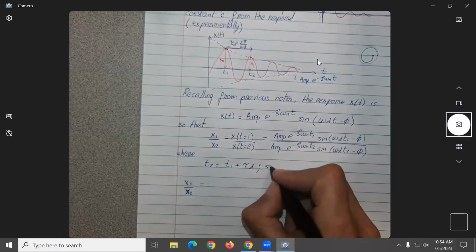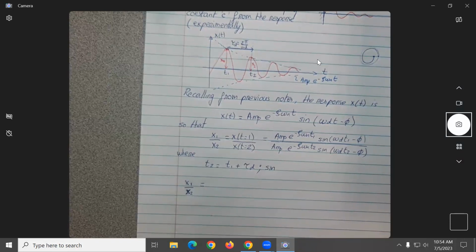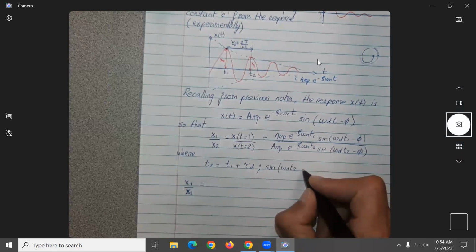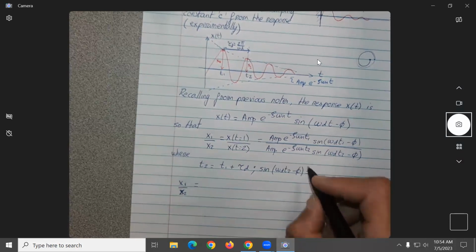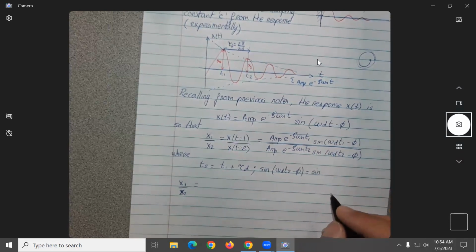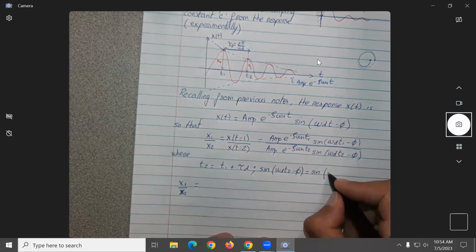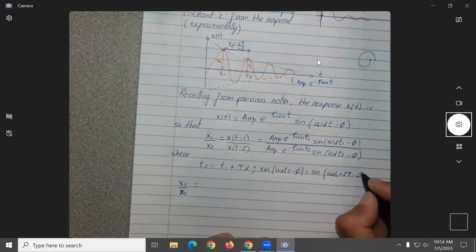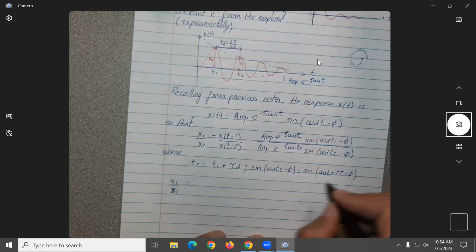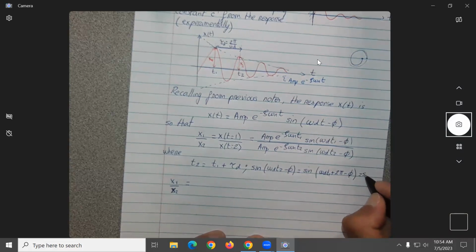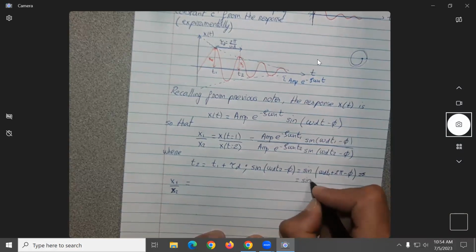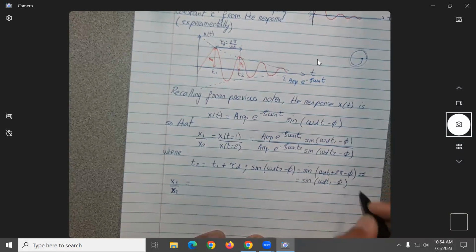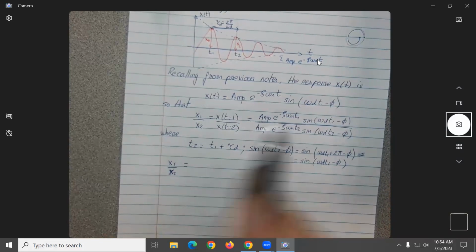The sine of omega d t2 minus phi will be equal to the sine of omega d t1 plus 2 pi minus phi, which basically will be equal to, let me go here to the line, the sine of omega d t1 minus phi. If you move 2 pi, you go to the same location.